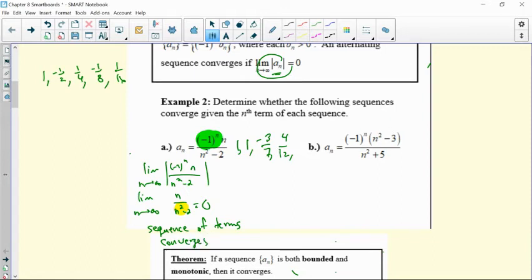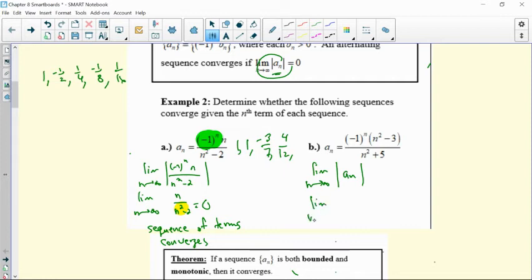Okay, so here's another alternating sequence. And again, I want to analyze, do the terms converge or not? So I would do the limit as n goes to infinity of the absolute value of a sub n, like that. That way I know I'm going to remove the alternating component.